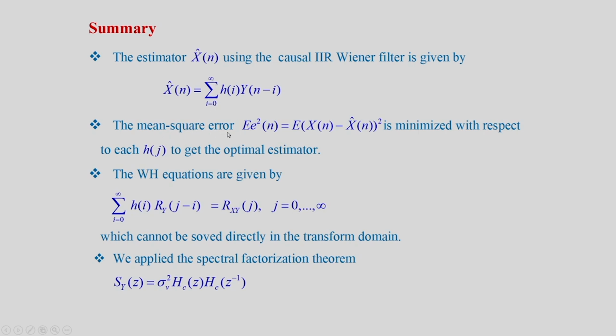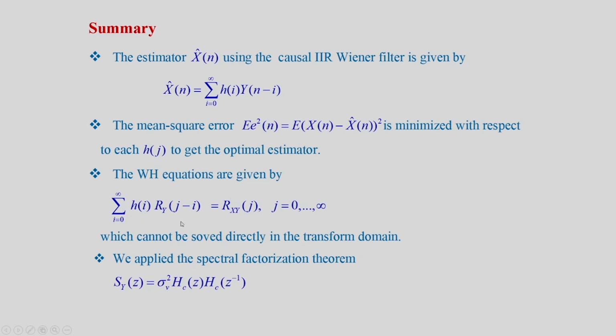The mean square error E of e square n, that is equal to E of (x n minus x hat n) whole square, is minimized with respect to each h j to get the optimal estimator, and the optimal estimator is given by the Wiener-Hopf equations, summation h i into r y of j minus i, i going from 0 to infinity, is equal to r x y of j for j equal to 0 to infinity.